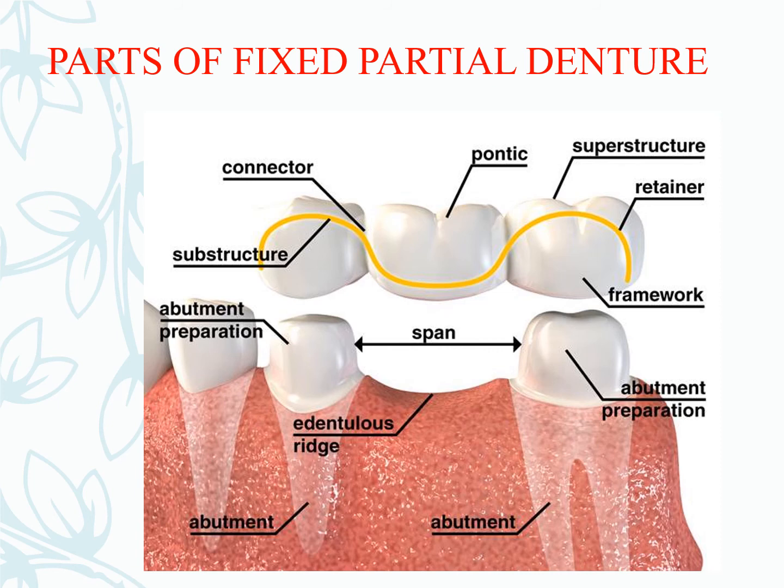Between the two retainers you have the connector, and between them is your pontic and the retainer. A pontic is an artificial tooth that is replacing the missing tooth. So between the pontic and the retainer is your connector.